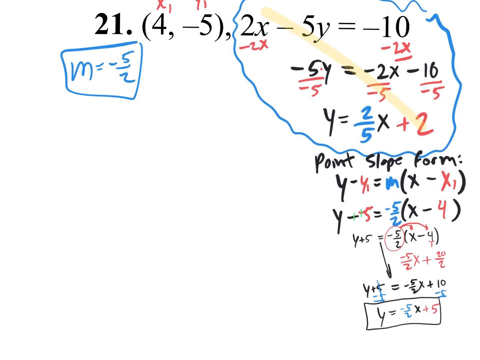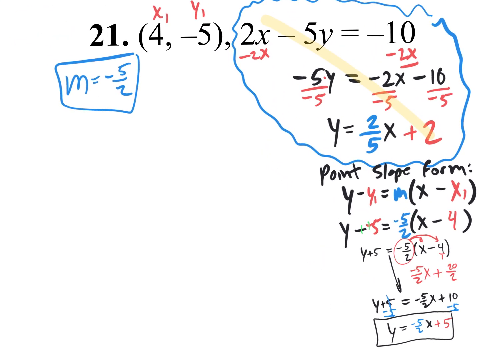Now, the alternative way would have been to just stick with slope-intercept form, which is y equals mx plus b, and plug in the y value of negative 5 right here on the y spot, bring down the equal sign.